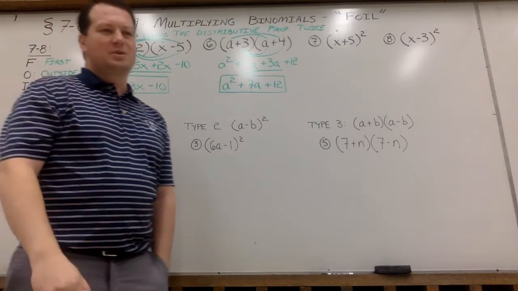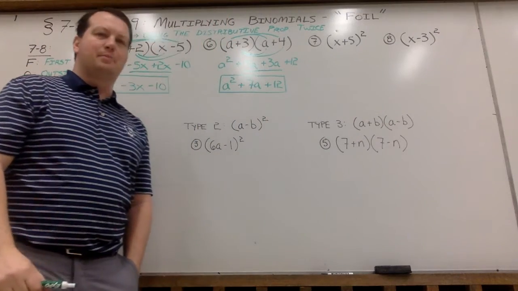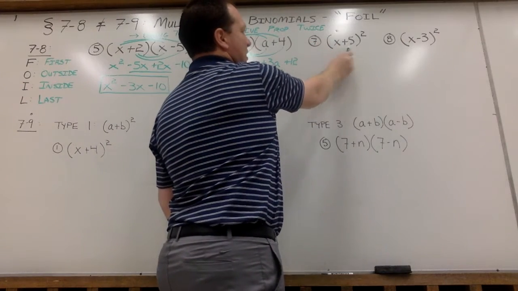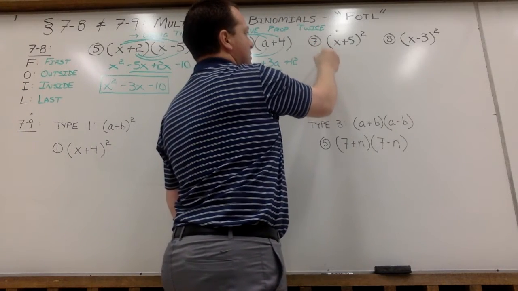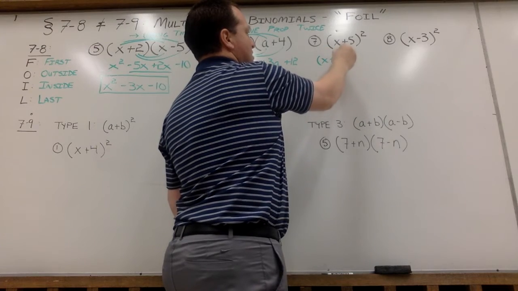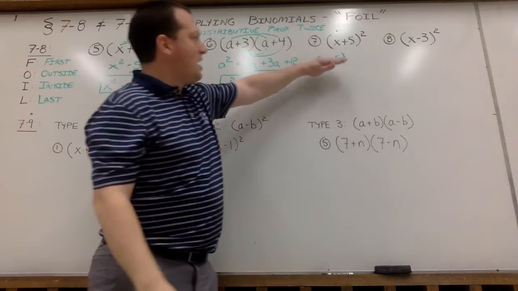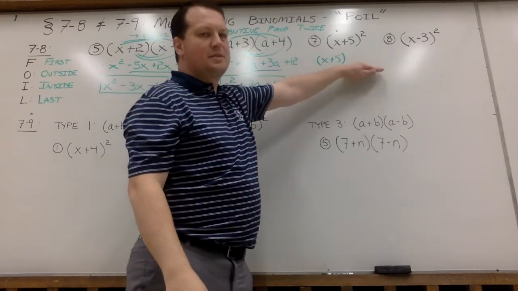Remember, to square something means to multiply it by itself. So if I ever have a binomial like x plus 5, and I want to square it, that means I need to multiply x plus 5 times itself.